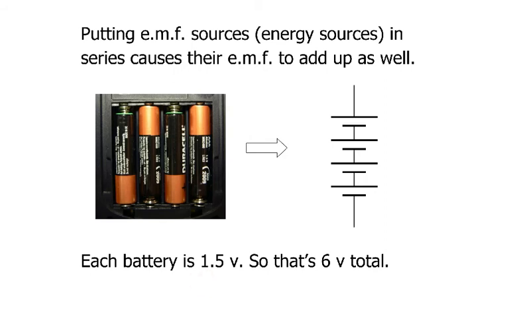Each battery is 1.5 volts. And here's the thing, if you put EMF sources in series with each other, their EMFs add up with each other. So you got 1.5 times 4 all in series, then their EMFs all add up, and you get a total of 6 volts, which is 1.5 times 4.